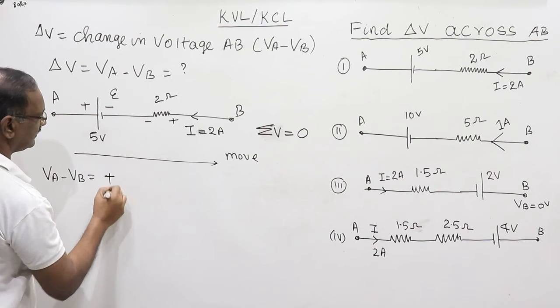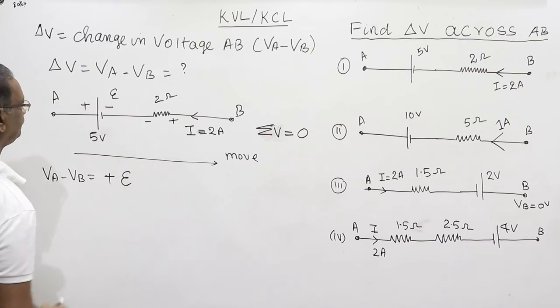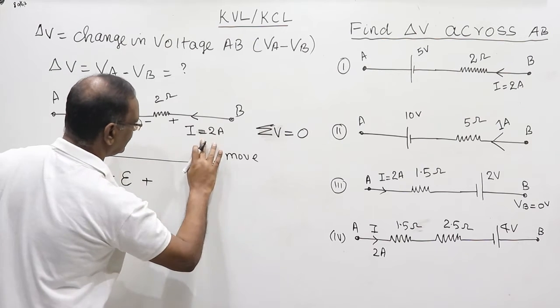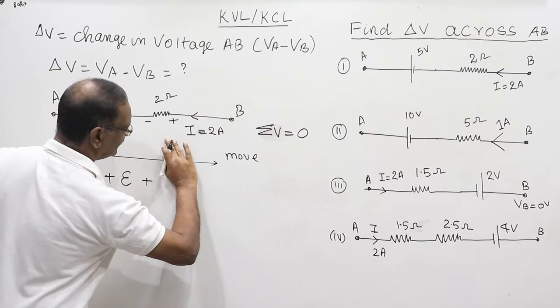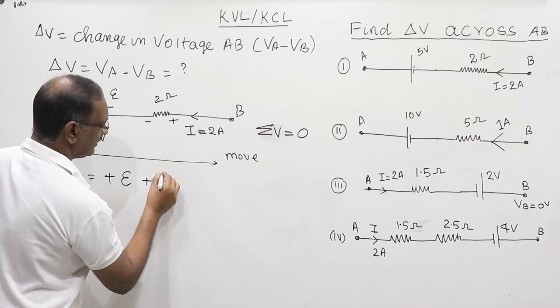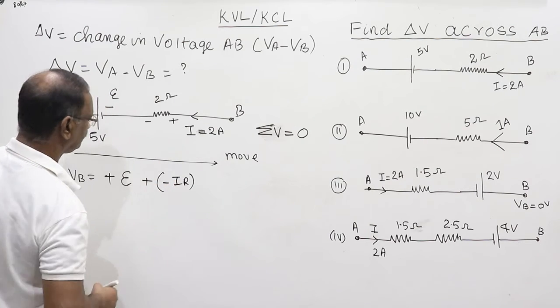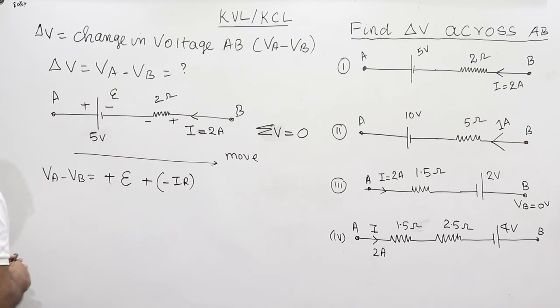This is positive side of the battery, and positive side of the battery E, again plus. And we are moving from here to here. This is at higher potential, this is at lower potential, and we are moving negative to positive. The voltage will be negative I into R.